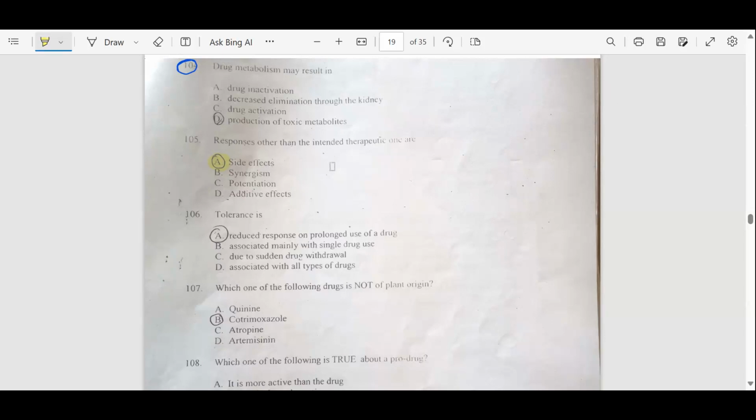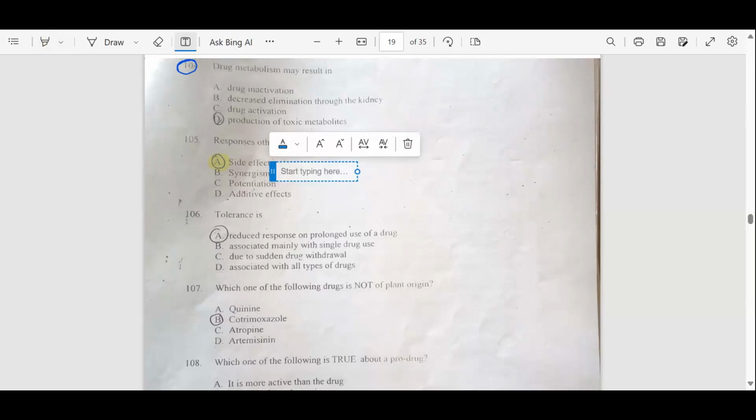Just a question. That example of ampicillin and sulbactam, would that be an example of synergism or potentiation? I'm just thinking synergistic effect.